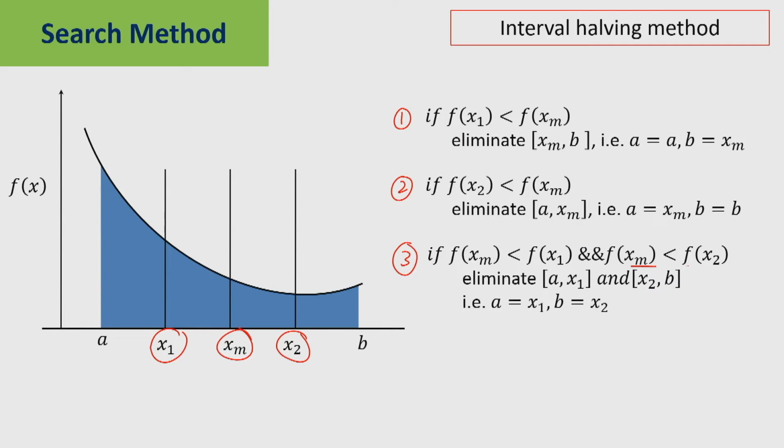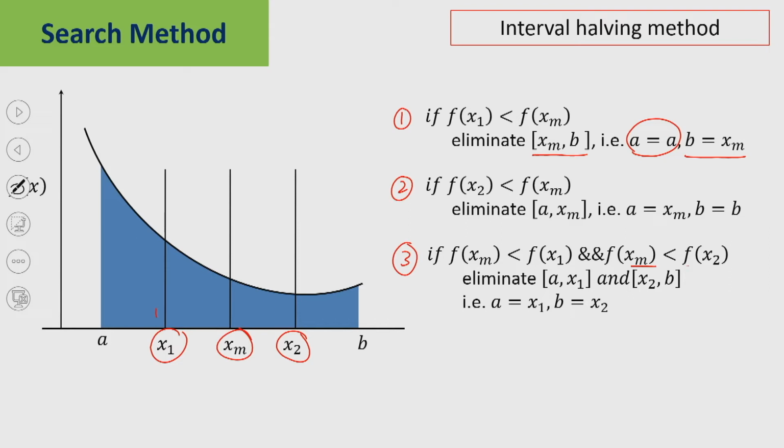In this figure that first condition is not shown, but if it is true, that means f of x 1 is less than f of x m, then you will eliminate the region x m to b. So, a will not change, but b will be equal to x m.